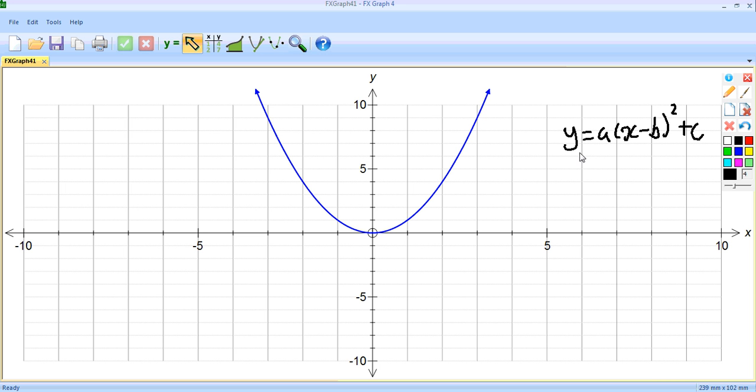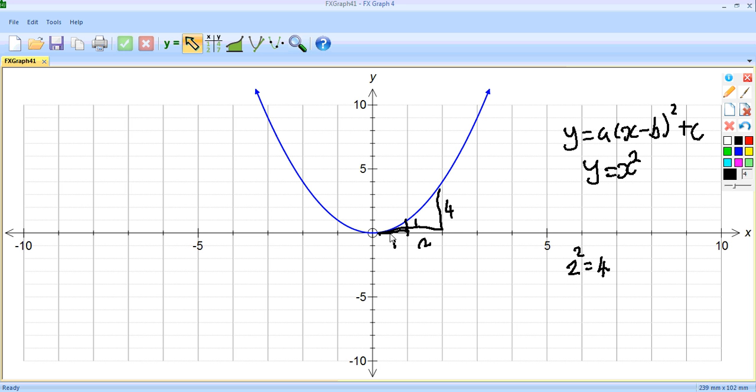At the moment, the graph that we have drawn there is the standard y equals x squared. You can see it is a U shape. If I go across 1, I go up 1, so it's a 1, 1. If I go across 2, then I go up 4, because 2 squared is 4, and we're doing a squared graph here.